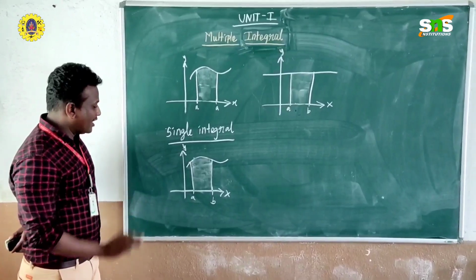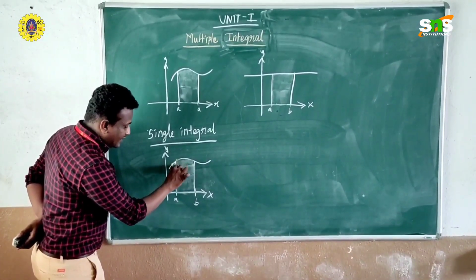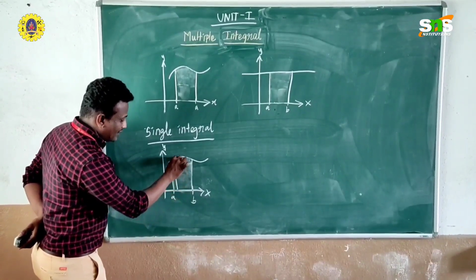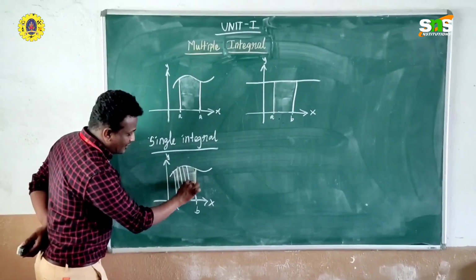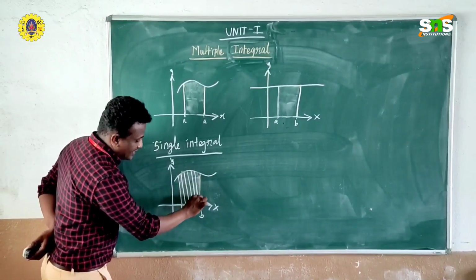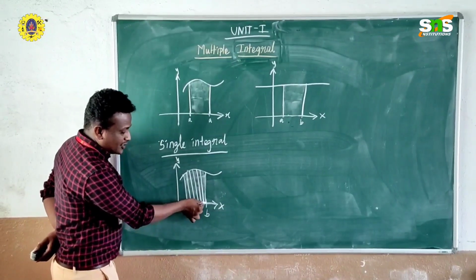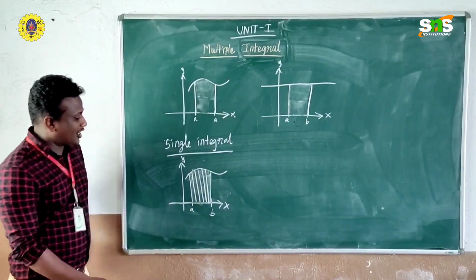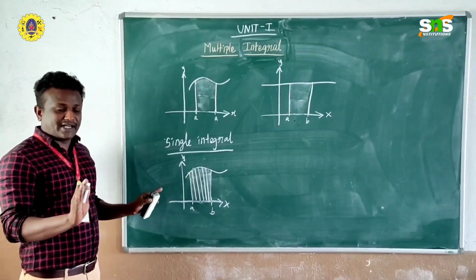To find the area, I am going to split this irregular shape into many rectangles. Make sure that all the rectangles have equal width.